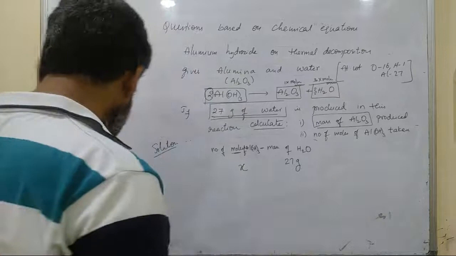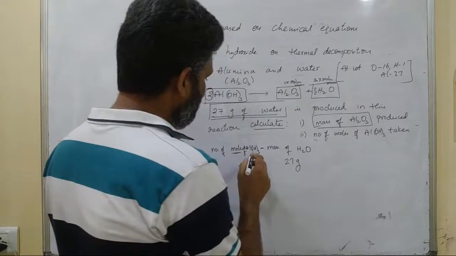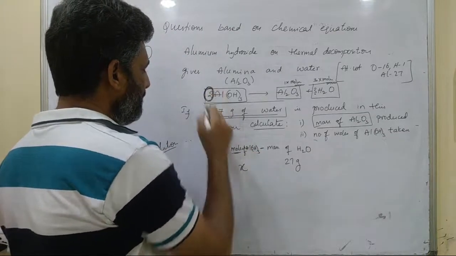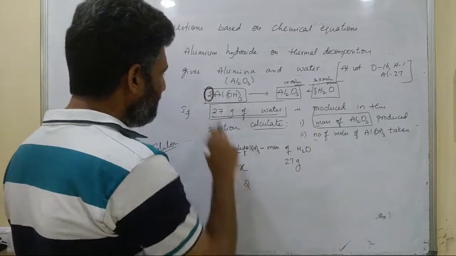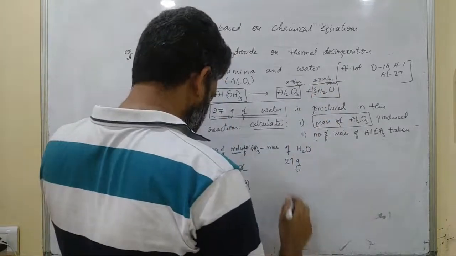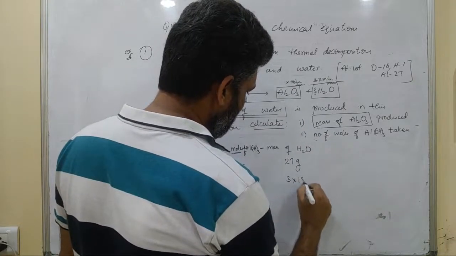27 grams of water. Now from the equation, number of moles of aluminium hydroxide represents these 2 moles, which will give you 3 times the molar mass of water. Already we have done that, 3 times molar mass of water is 3 into 18.